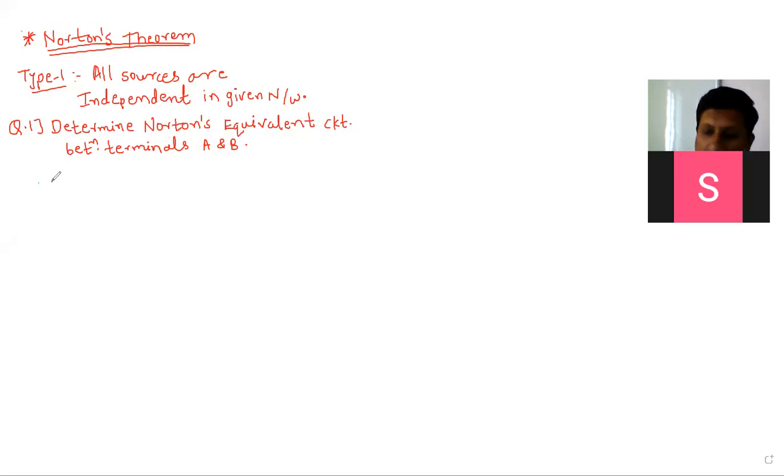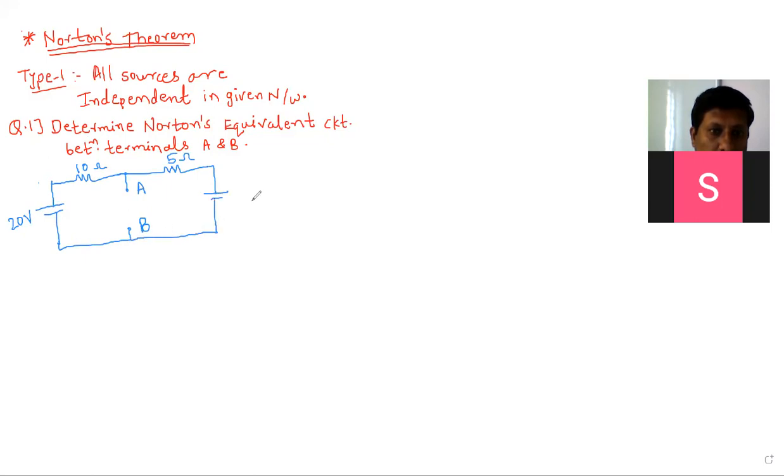The given circuit is like this. This is the 20 volt, this is the 10 ohm, this is the terminal A, this is terminal B. This is the 5 ohm, and this is the, sorry, 10 volt.